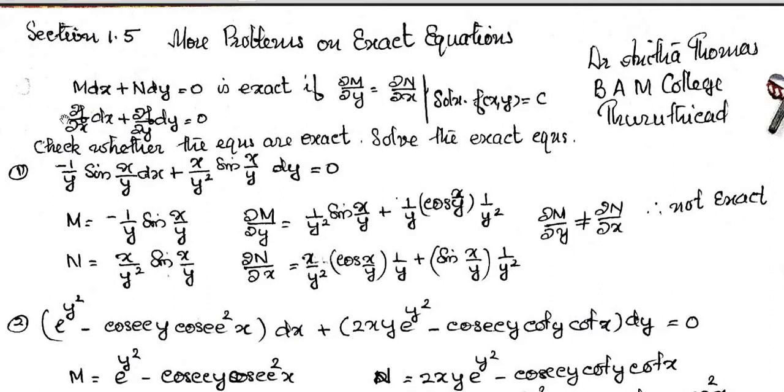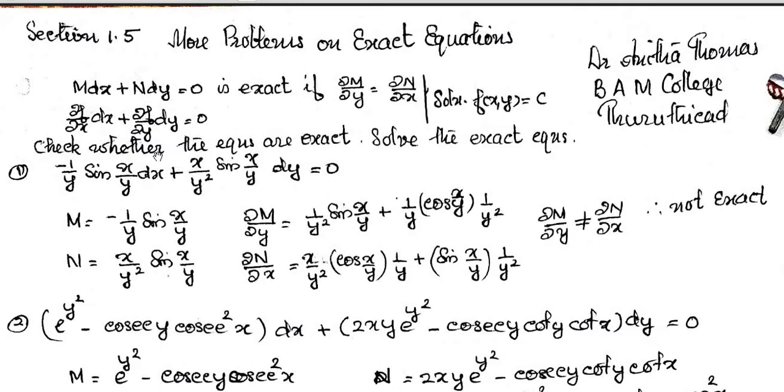If it can be written in this form, that is, as a total derivative of a function f(x,y), and it satisfies this condition, then we say that the differential equation is exact, and the solution is f(x,y) equal to c. For the theory, do watch my previous video.